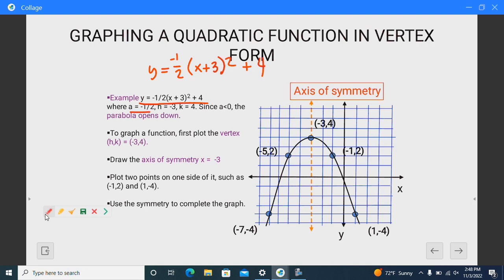Your h is negative 3. Why is it negative 3? Because if you remember, the formula is y equals a(x minus h) squared plus k.